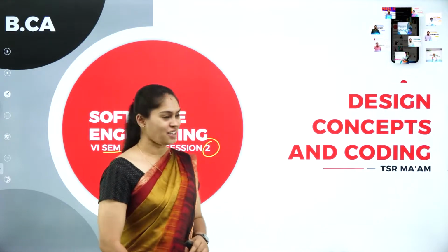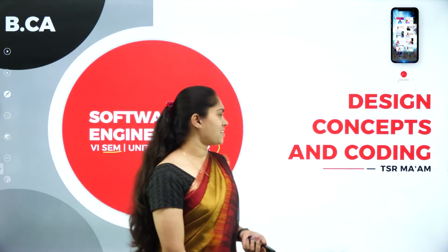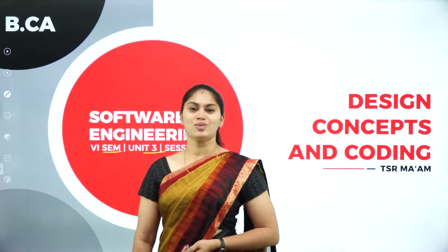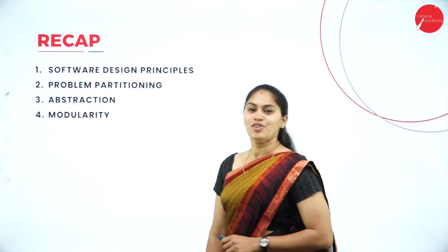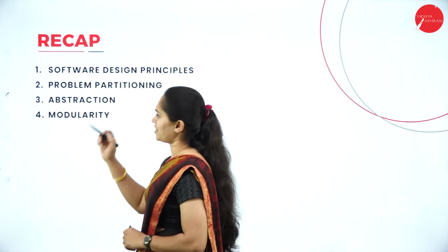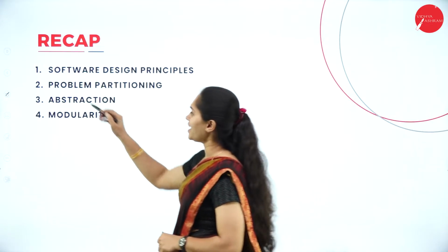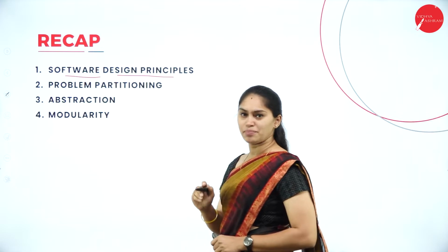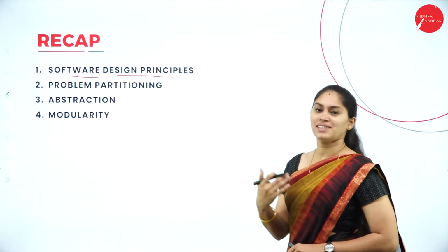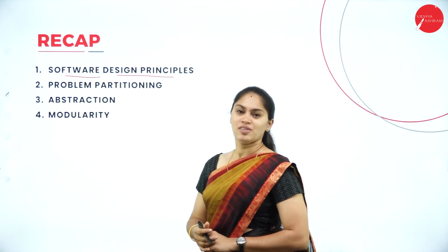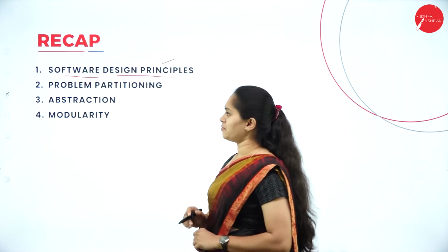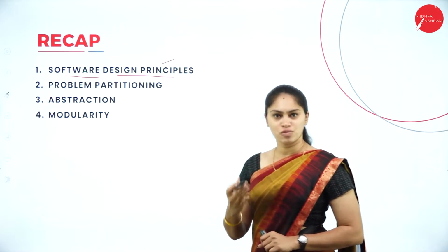So as we all know, we are in Unit 3, that is Design Concepts and Coding. Before getting into today's session, we'll see the recap of my previous session. In the previous session of this unit, we discussed what software design principles are. Mainly to reduce the complexity of designing software, we have these software design principles. Under that we have 4 kinds.